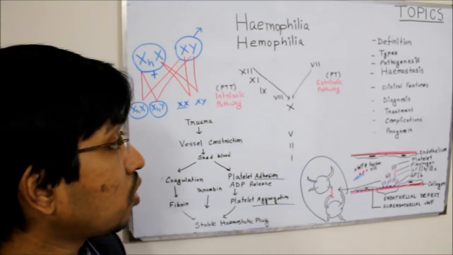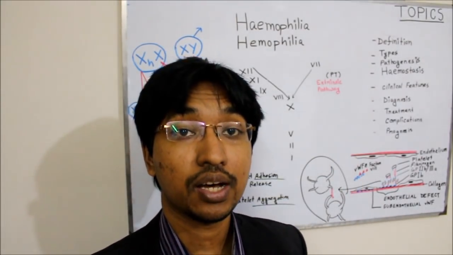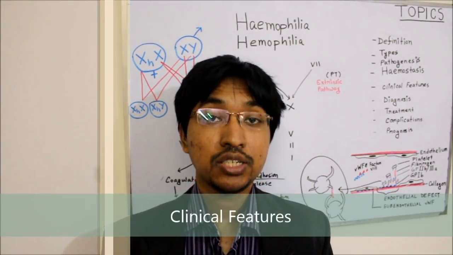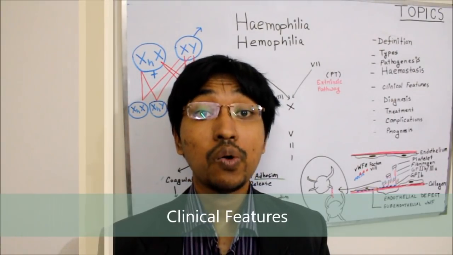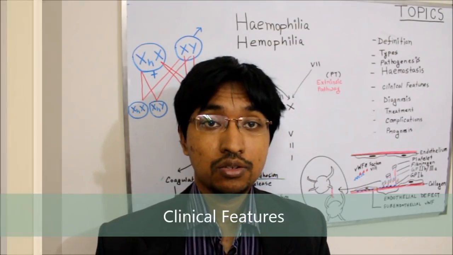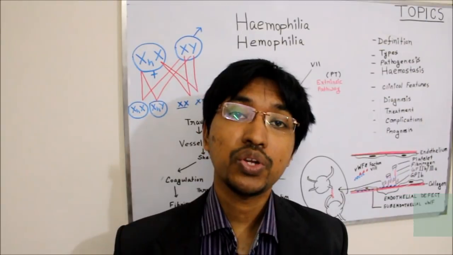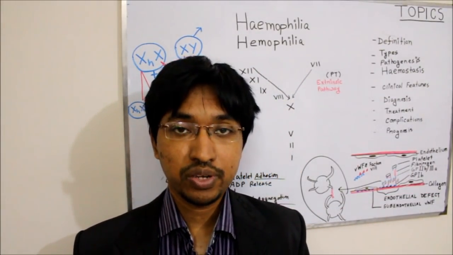So now we will move on to the next topic, the clinical features of hemophilia. What are the clinical features of hemophilia? Patients with hemophilia can have bleeding for hours or even days after injury. Joint bleeding, which is also known as hemarthrosis, is a very common symptom in severe hemophilic patients.